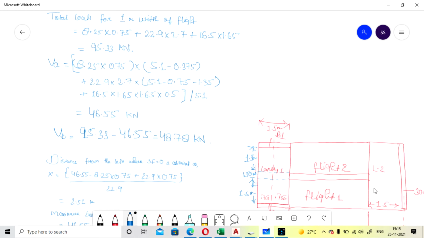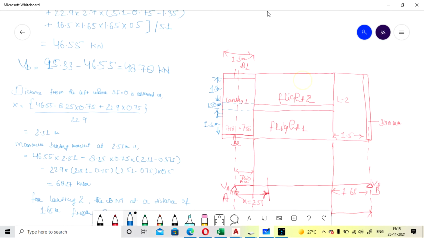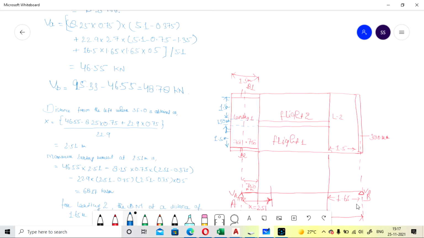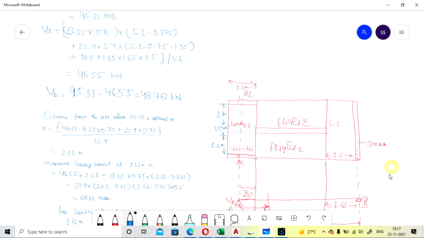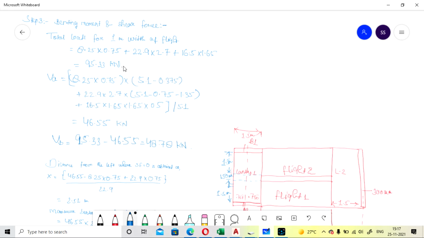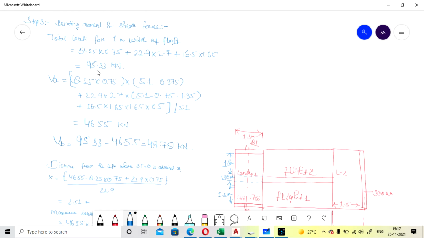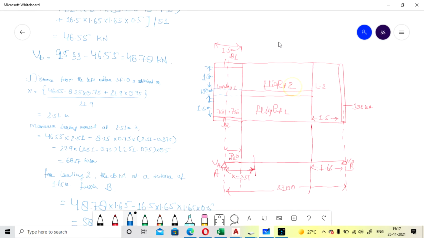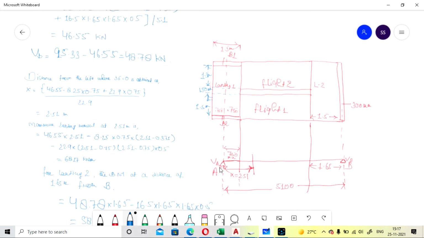So this effective length is 1.65, that is why it is multiplied by 1.65. So total load for 1 meter of width is coming as 95.33 kilonewton. So this is VA and this is VB, the reactions.